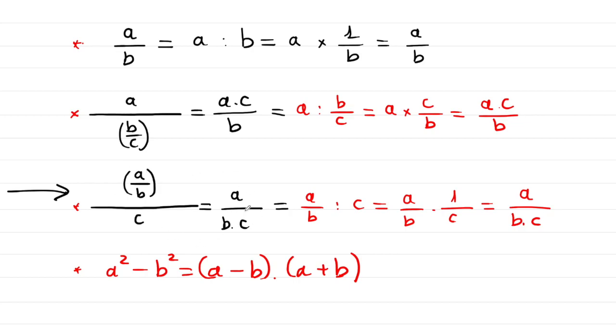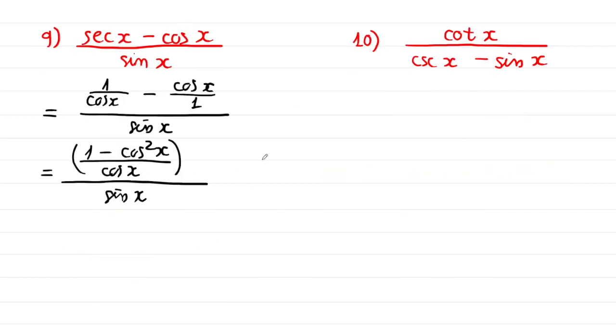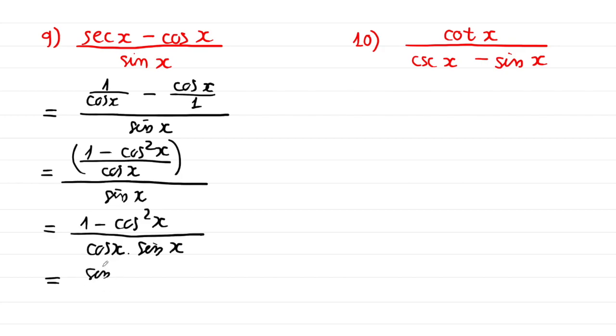If you apply this formula to this expression, you can write it like 1 minus cos square x divided by cos x times sine x. So what is 1 minus cos square x? You get sine square x, and the denominator is cos and sine. After simplifying, you have sine over cos as my final answer.